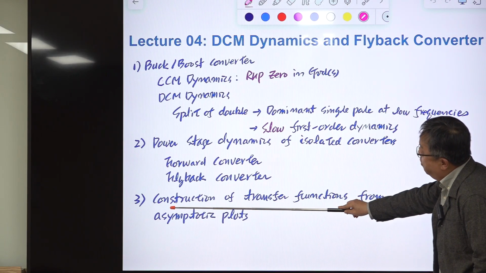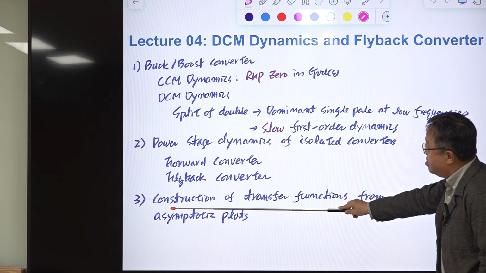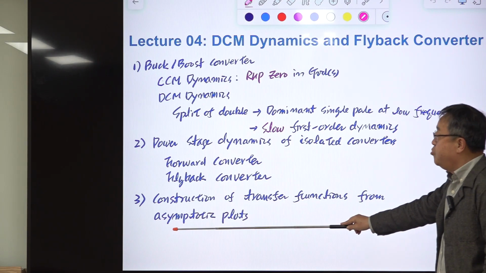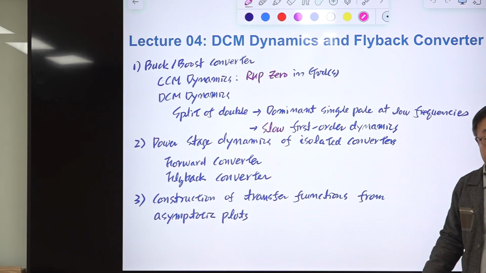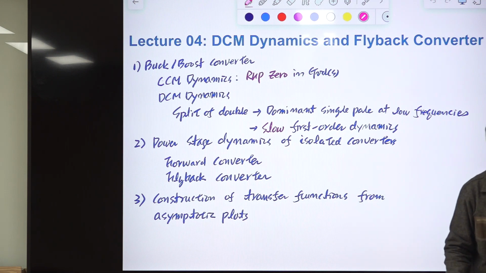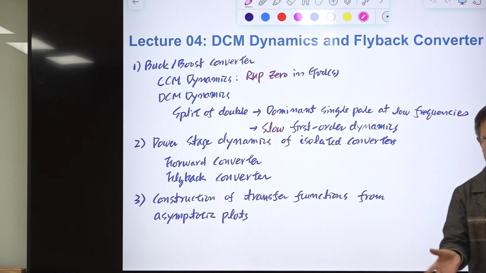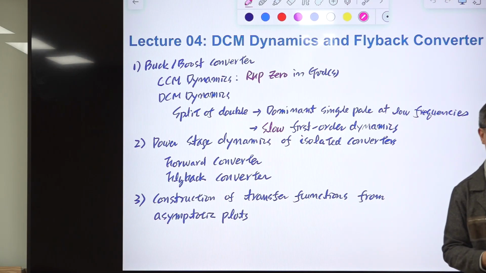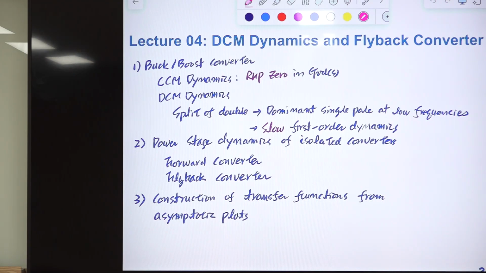In the last part of this lecture, we'll discuss the construction of transfer functions from asymptotic plots obtained from simulation or experimental measurement, in the process of analyzing some power stage dynamics and designing the compensation of some converter. This kind of technique comes up often.